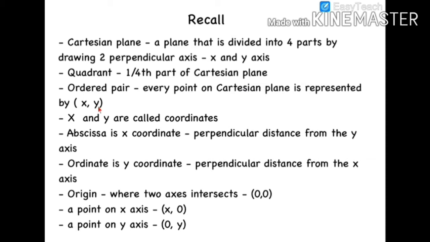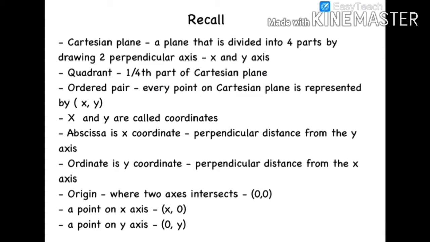The y coordinate is called as ordinate, which is the perpendicular distance from the x-axis and it is measured along the y-axis. The point where the 2 axes x and y intersect is called the origin, and the coordinates of origin will be 0, 0.